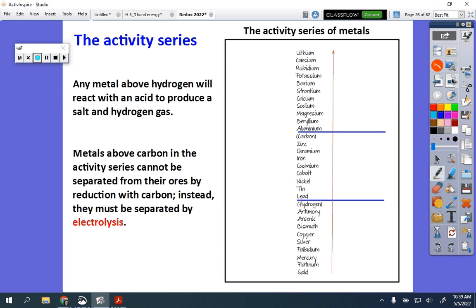They exist as ores, as combinations with other elements and other metals. And one of the ways we purify them is by using carbon. And so carbon can purify any of these metals down here, but not the ones up top. There are other ways that we use to purify those, particularly electrolysis, which we'll get to tomorrow.